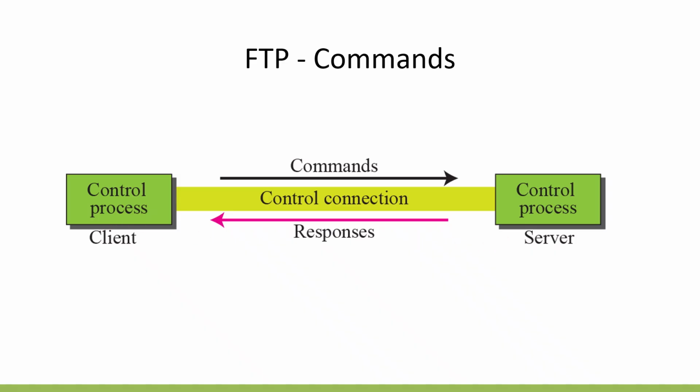Commands which are sent from the FTP client control process are in the form of ASCII uppercase, which may or may not be followed by an argument. Commands are divided into six groups: access commands, file management commands, data formatting commands, port defining commands, file transferring commands, and miscellaneous commands.